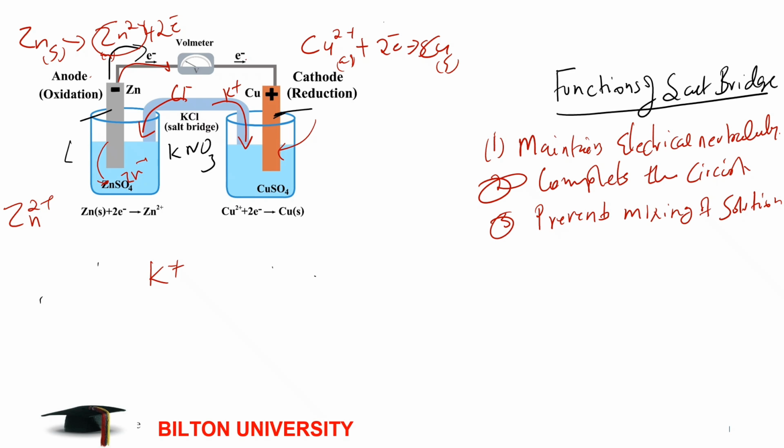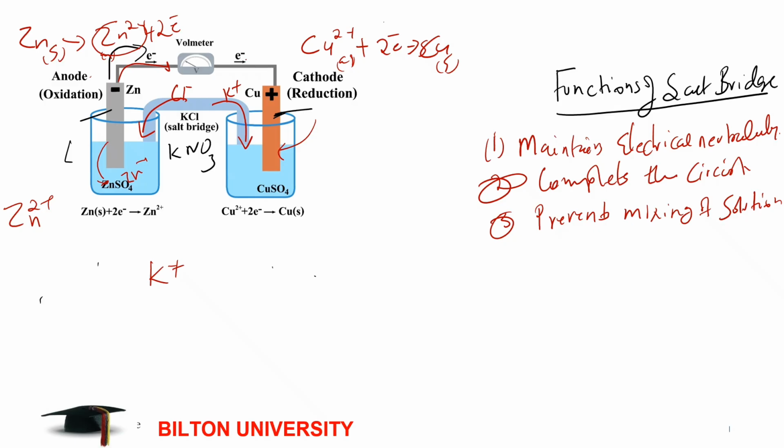However, the salt bridge completes the internal circuit by allowing the ions to move between the two half cells. The ions we are talking about here are the cations, which is the potassium, and the anions, which is the chloride ions. So the two help in completing the internal circuit, as we have seen in their flow or motions.